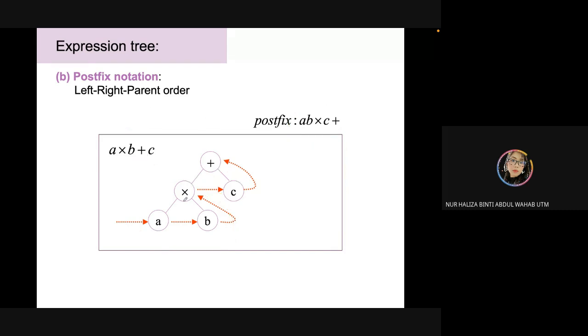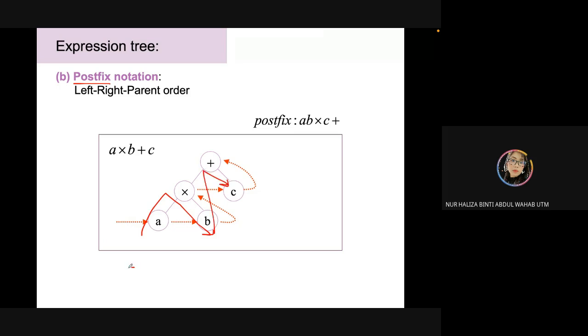Before this, you're going to draw these three: A, B, multiply, and then you have C, and then you have adding here. From here, left, right, parents, left, right, parents. For your infix just now, you have left, parents, right. This is your left, left, parent, right.